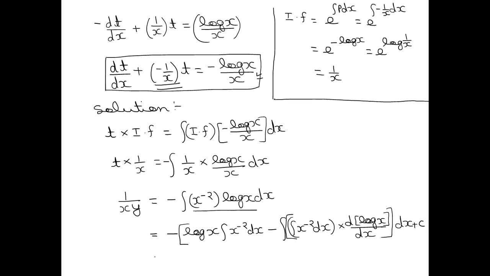Okay, now if you simplify the whole term, you will get minus of log x upon x minus of 1 upon x. From the first term you will get minus of log x upon x, and from this term you will get minus of 1 upon x plus a constant of integration, let's suppose it be c.